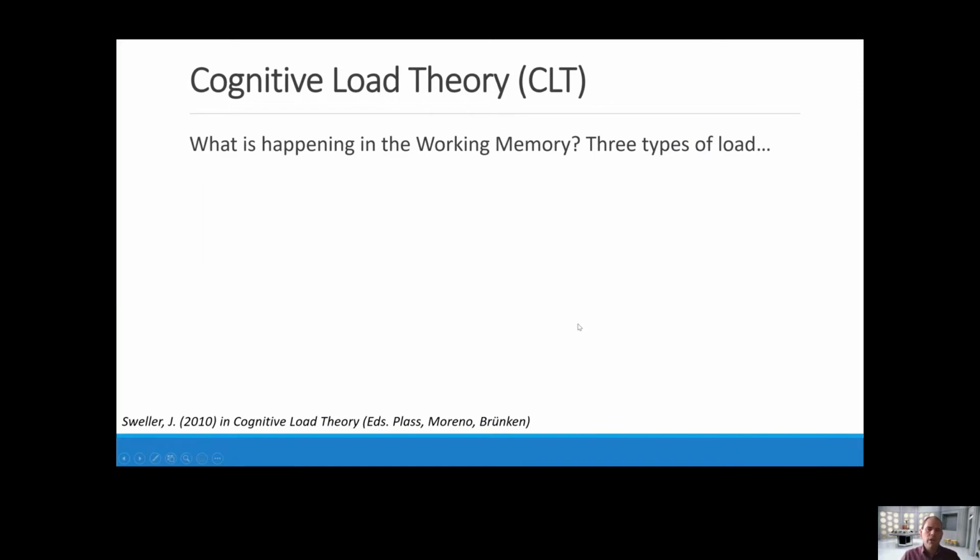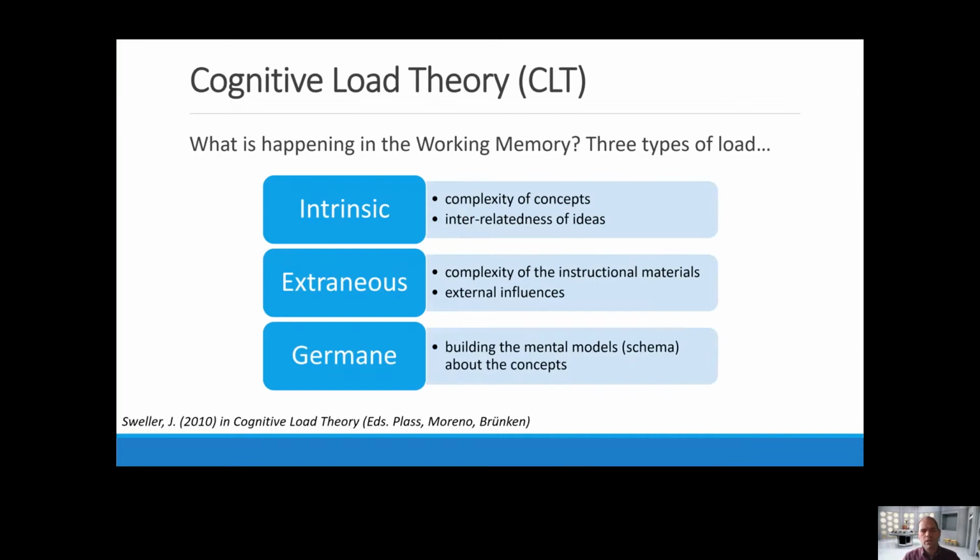So cognitive load theory talks about what's happening in the working memory and why our working memories can become overloaded. The traditional model of cognitive load theory has intrinsic, extraneous and germane load. Intrinsic load is about the complexity of concepts and how they're related to each other.